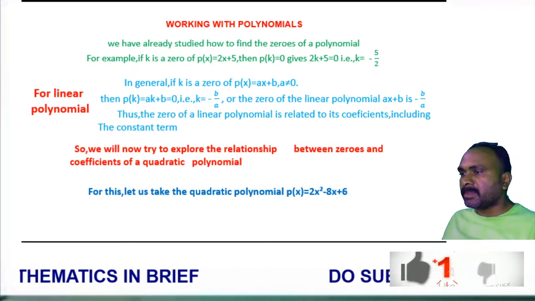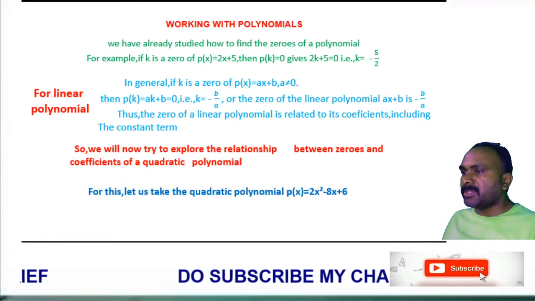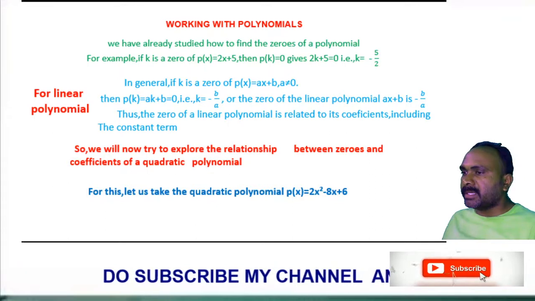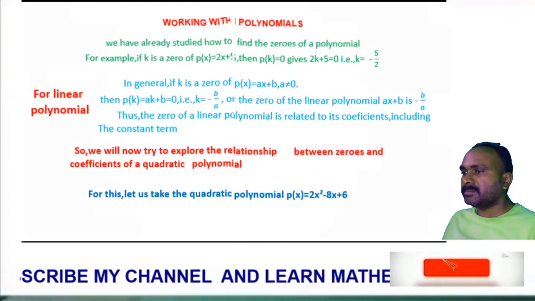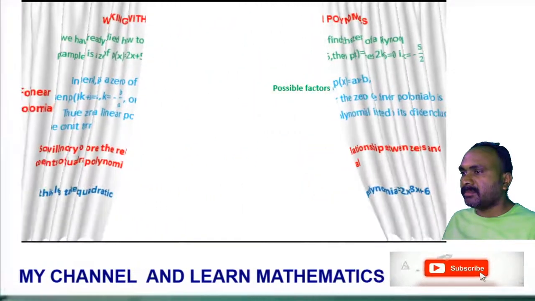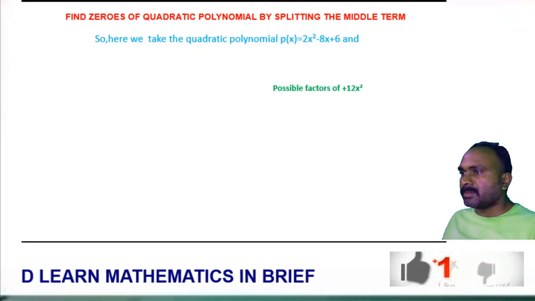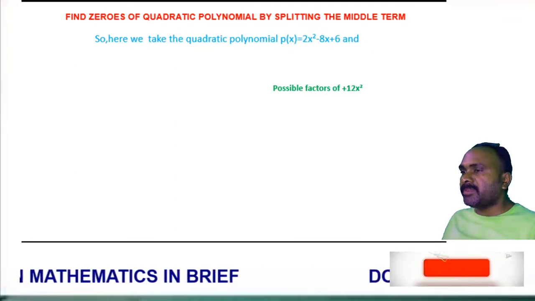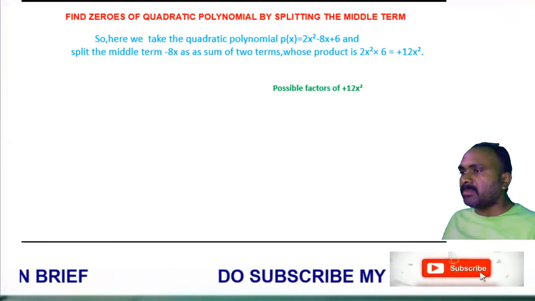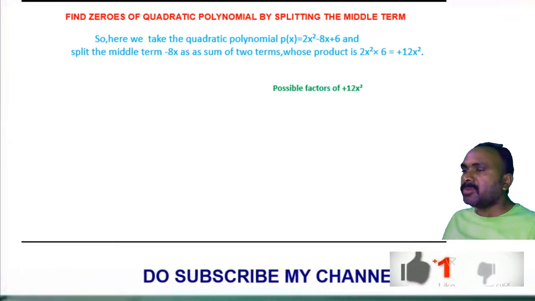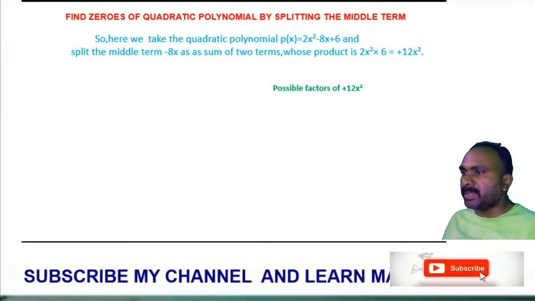For this, let us take the quadratic polynomial p of x equals 2x square minus 8x plus 6, and split the middle term minus 8x as the sum of two terms whose product is 2x square into 6 equals plus 12x square.